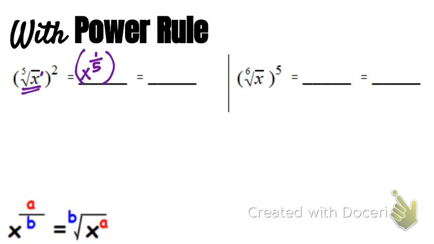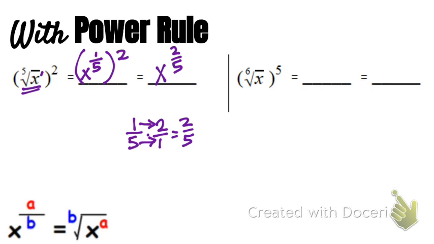So that is to the second power. Remember, when you have something with an exponent to a certain power, use the power rule, which means that you multiply the two exponents. So if I multiply 1/5 times 2, or 2 over 1, you just multiply across. So it's 2/5. So this would be x to the 2/5 power.